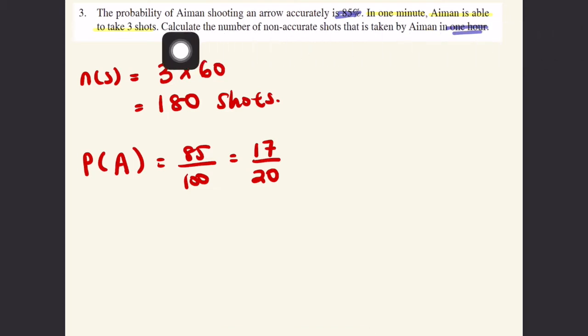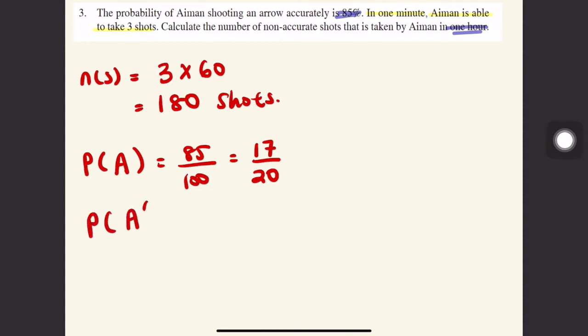The question wants us to find the non-accurate, which is other than accurate. So if we have accurate 17 over 20, the probability of non-accurate is 1 minus 17 over 20, which gives us 3 over 20.